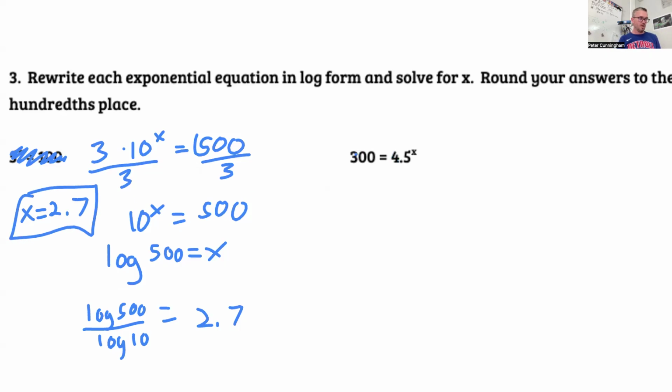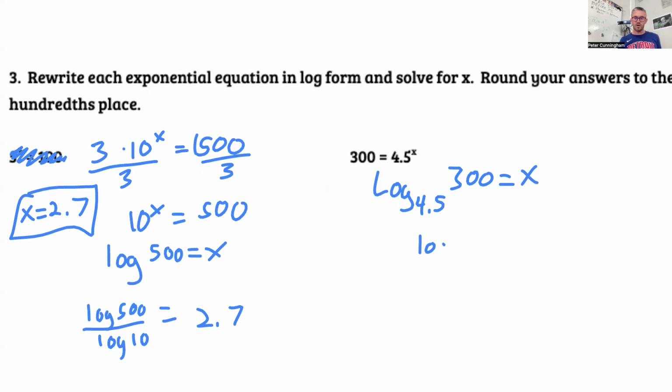Okay. All right, this one actually matches. Yay, good for us. All right, so our base here is 4.5. 4.5 to the power of what is going to give us 300? That's essentially what we're asking here. Now, if you have the calculator that has the log function, yes, you can just put that in there, make sure the base is correct.